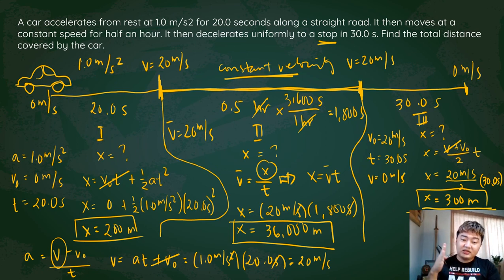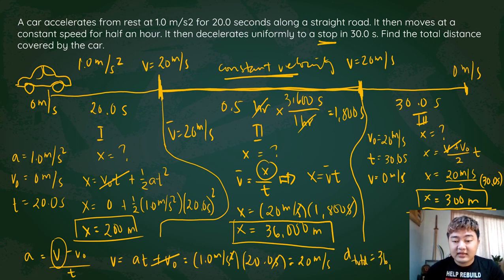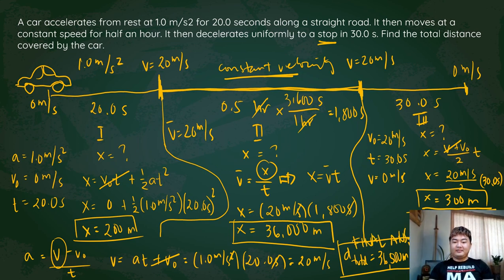So 200 plus 36,000 plus 300, that will give you a total distance of 36,500 meters. So this is now our final answer. So 36,500 meters is the total distance covered by the car.